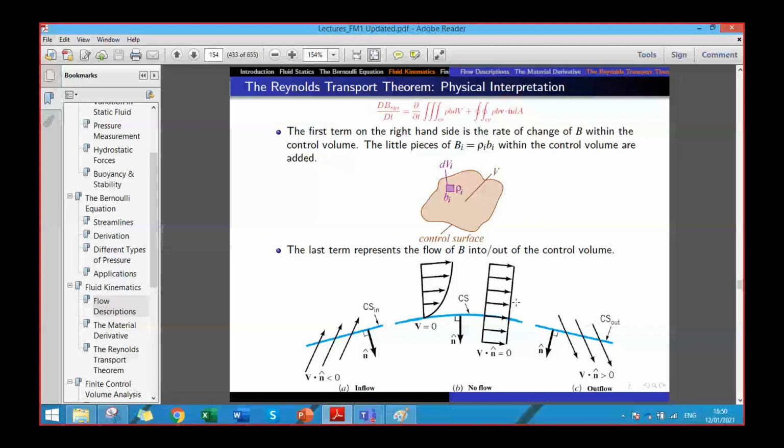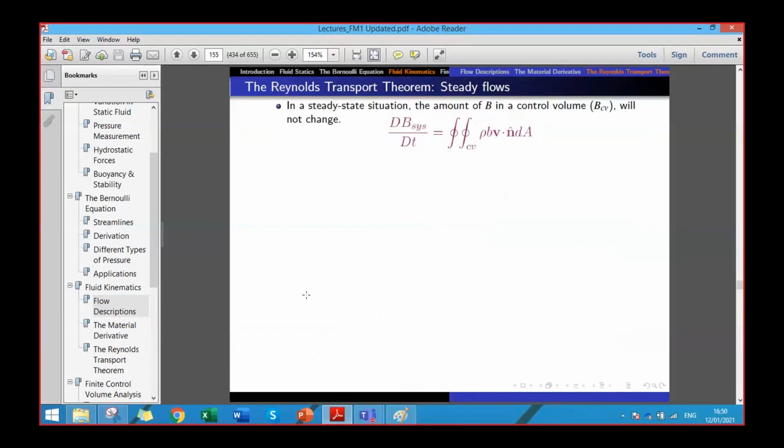So we have just discussed the relationship between the normal vector and the control surface. We'll further discuss that if the flow is steady, then there will be no change. Now what is this first term representing, partial B by partial t of the control volume?